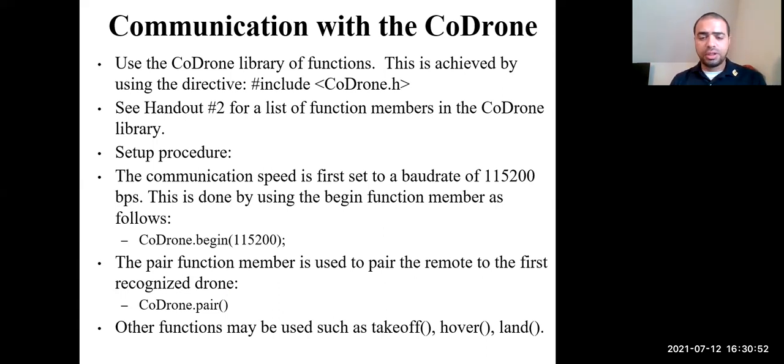The pair function is used to pair the remote to the first recognized drone. So for example, CoDrone.pair. If you leave the parentheses empty, then it's going to search for drones around it, and the first one it sees, it's going to connect to. This is actually very important when you are in your classroom, for example, using the drones. It's recommended to tell the students first to stay very far from each other, and to turn on their drones one after another.